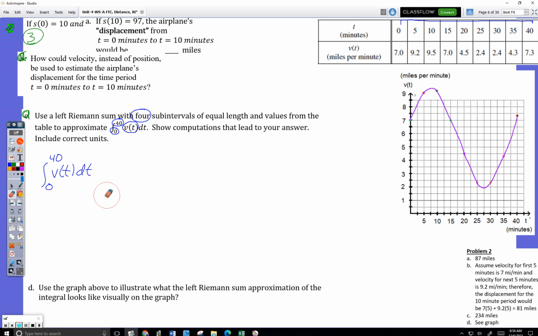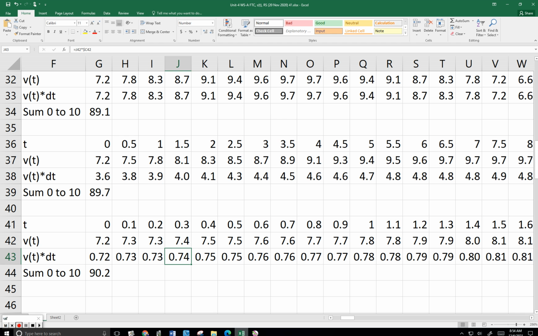Right here, where I took the velocity at time 0 and multiplied by 1/10 of a minute, and then I did it repeatedly, that's a Riemann sum. Are all of the expressions that you did Riemann sums then?